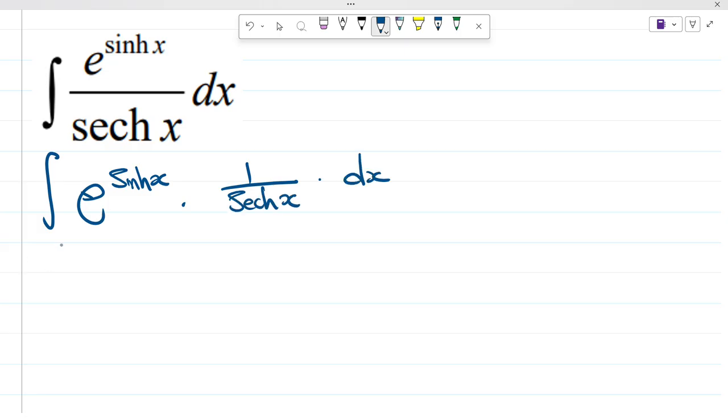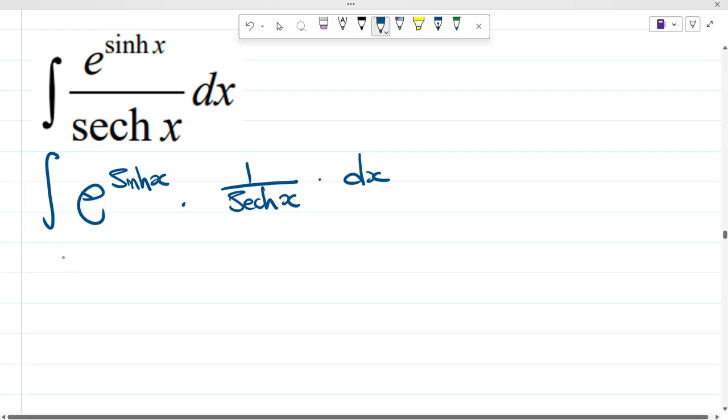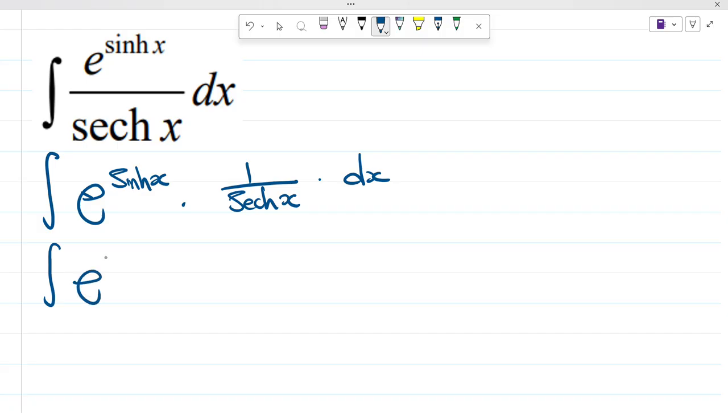So I know that 1 over hyperbolic sec is the same as what when it comes to the reciprocals? So this is the same as hyperbolic cos, right? So that's going to be e to the power hyperbolic sine of x multiplied by hyperbolic cos of x dx.